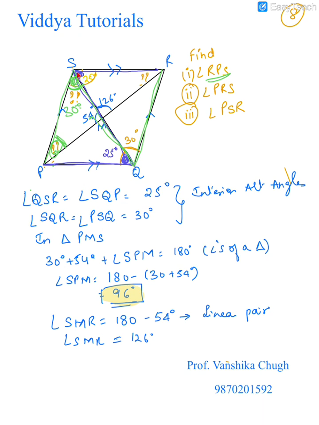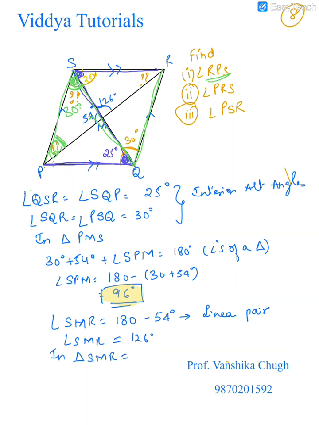Now to find this angle, I can look at this triangle SMR. I have 25, I have 126. Then I can find the third angle with the angle sum property because they are all angles of a triangle. So you have to always mention the triangle you're looking at.